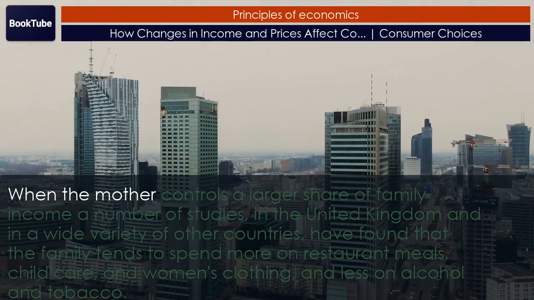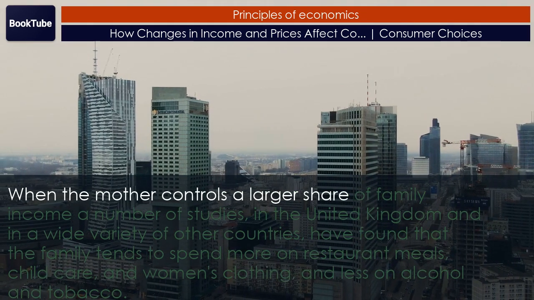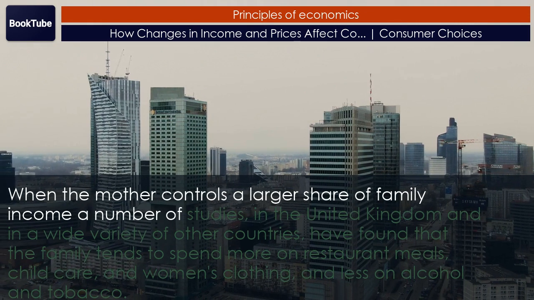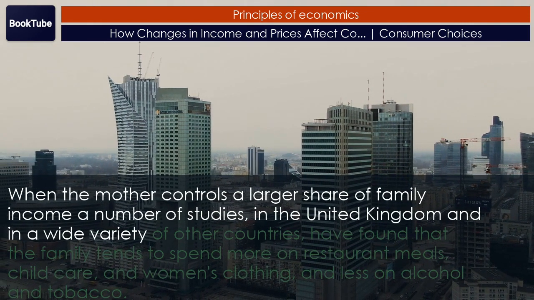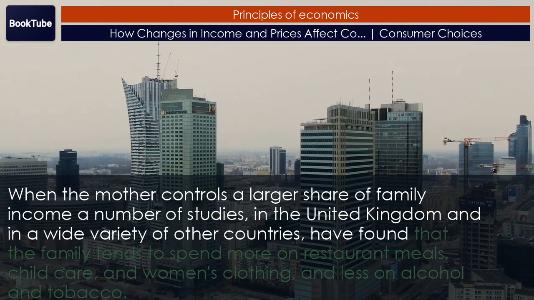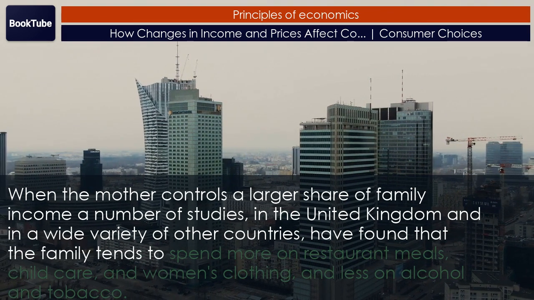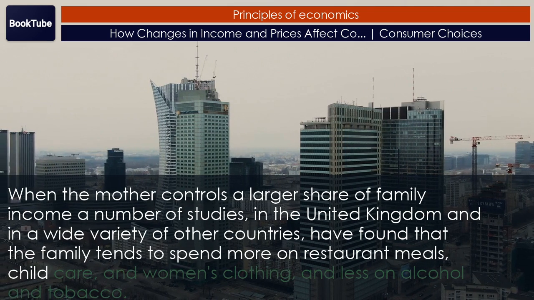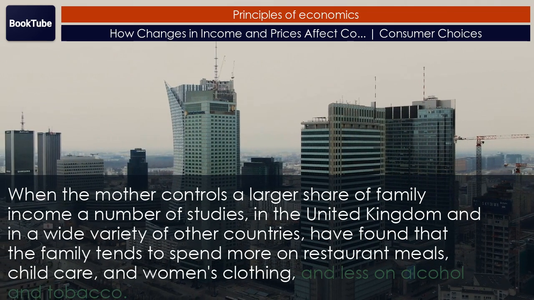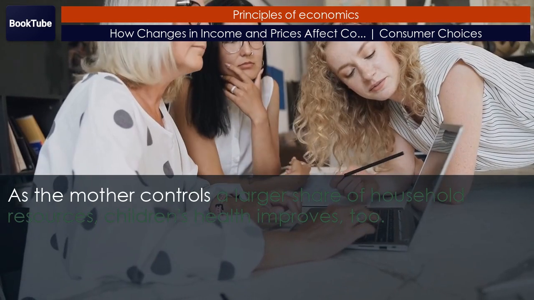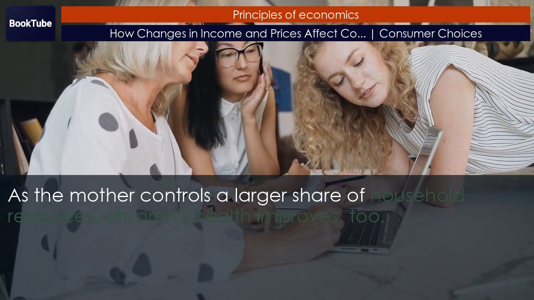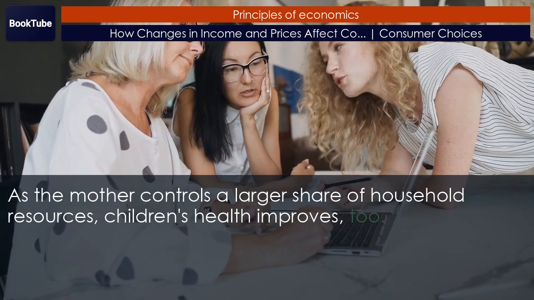When the mother controls a larger share of family income, a number of studies in the United Kingdom and in a wide variety of other countries have found that the family tends to spend more on restaurant meals, childcare, and women's clothing, and less on alcohol and tobacco. As the mother controls a larger share of household resources, children's health improves, too.